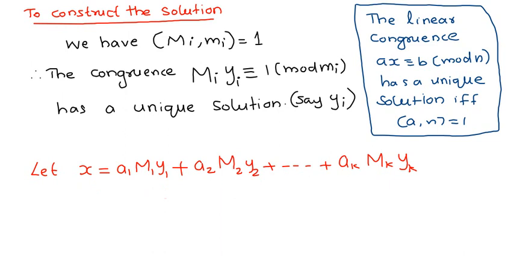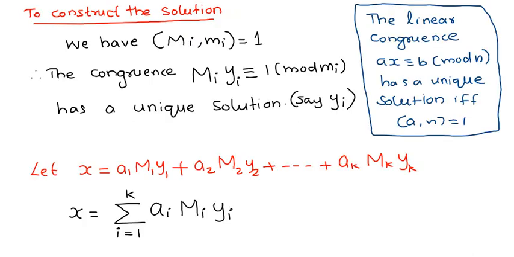For that, we write this x as the sum for i from 1 to k of ai Mi yi, and take the jth term. Here i varies from 1 to k, and we take the jth term separately from this equation.